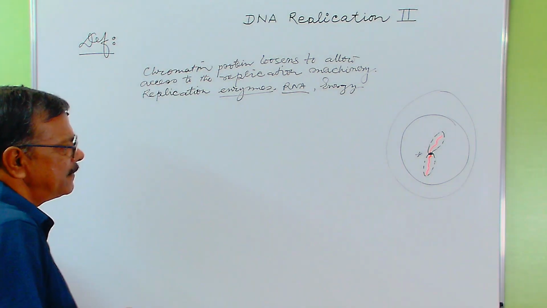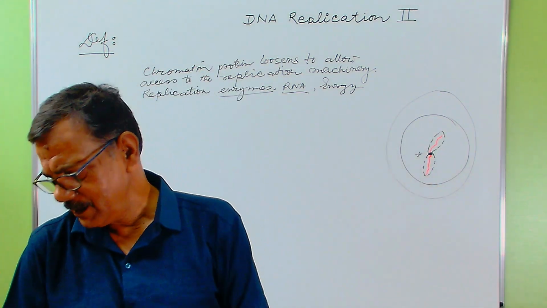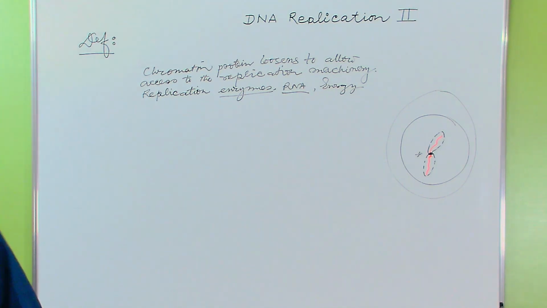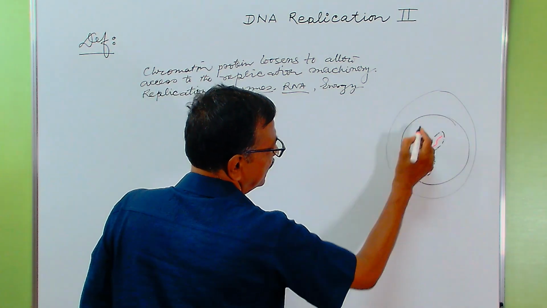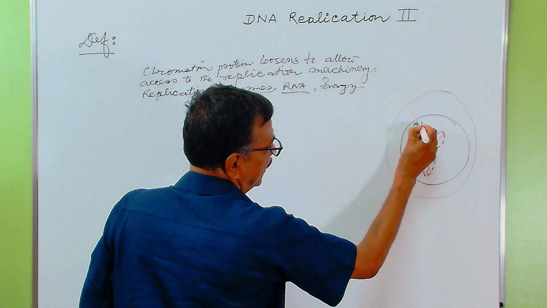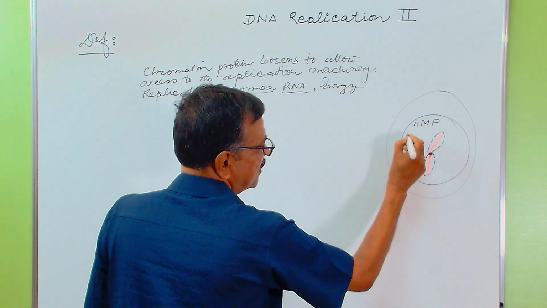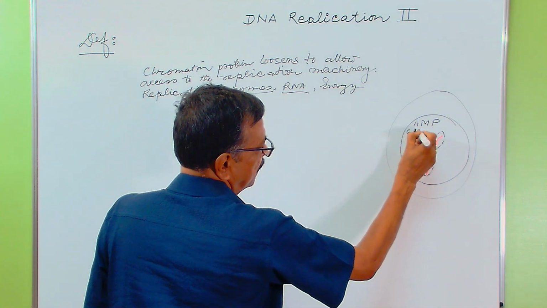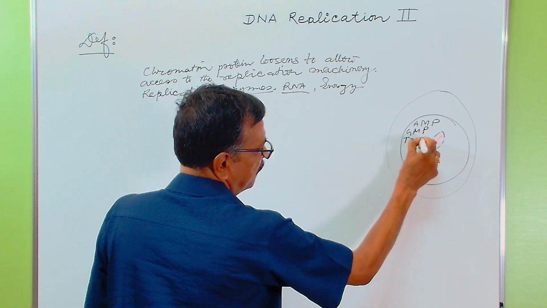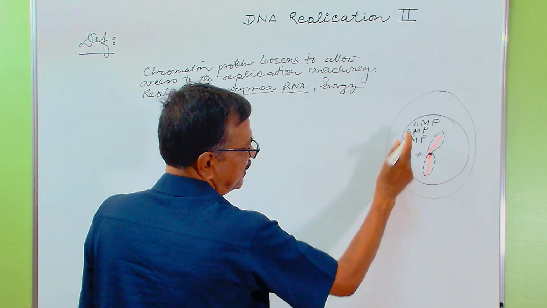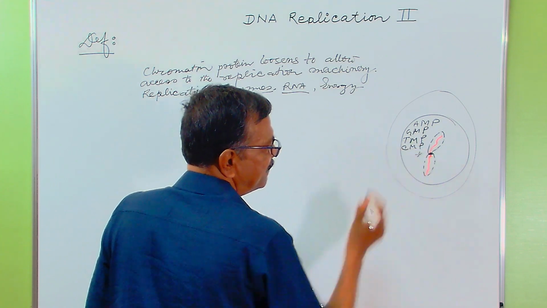What actually happens in the nucleoplasm? In the nucleoplasm, there are adenosine monophosphate, guanine monophosphate, thymine monophosphate, cytidine monophosphate.